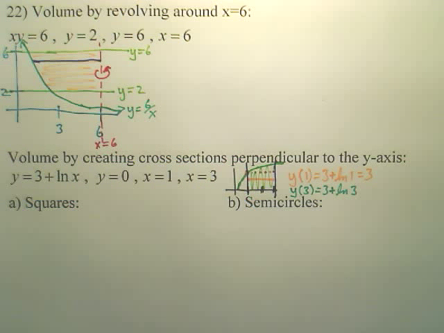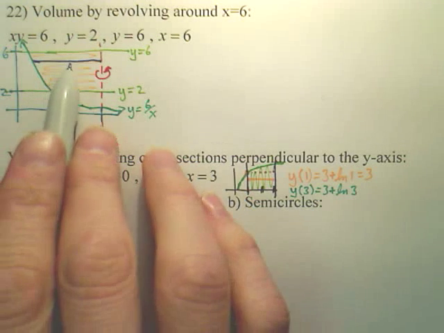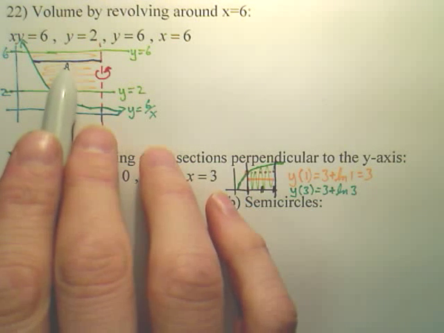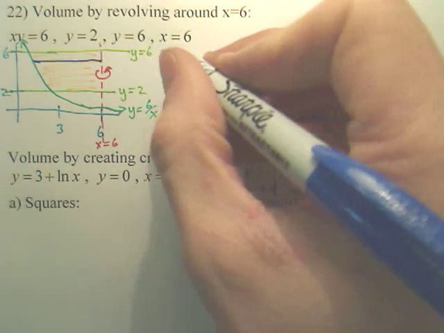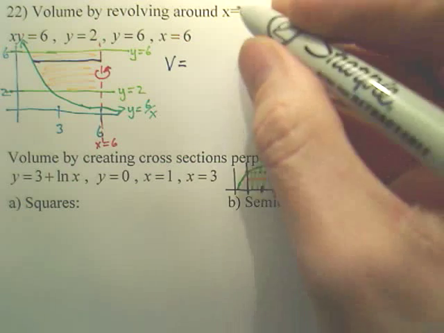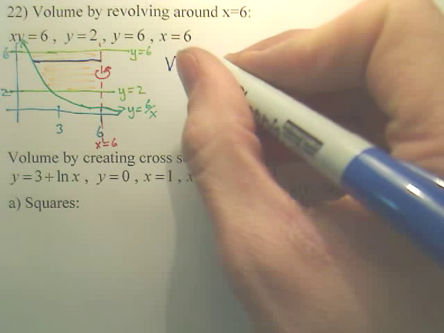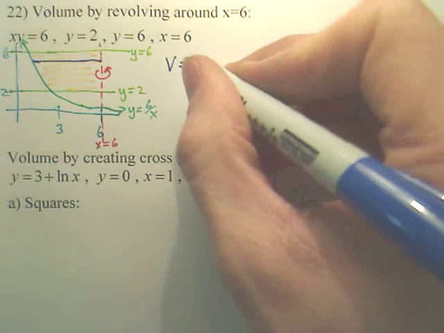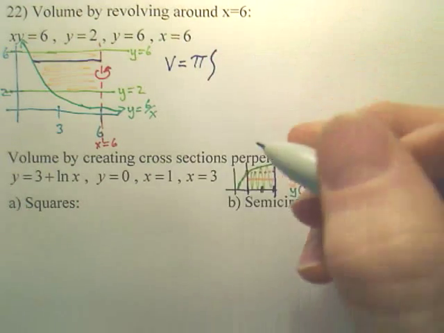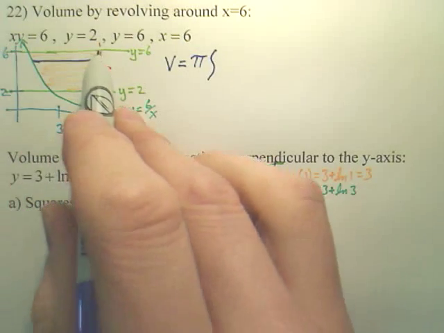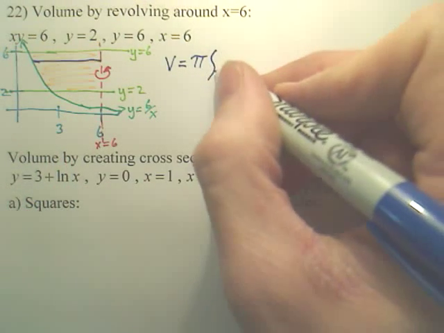So, to find the volume, we are going to revolve this blue line around, creating a disk. So volume is going to be equal to pi r squared. Now the interval, well, since we're going from here to here, isn't that from 2 to 6?